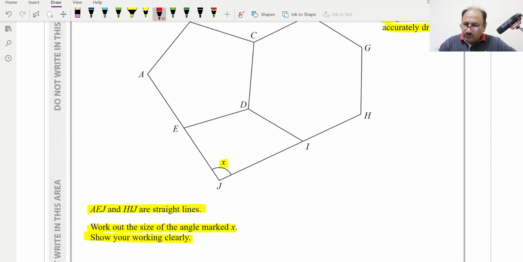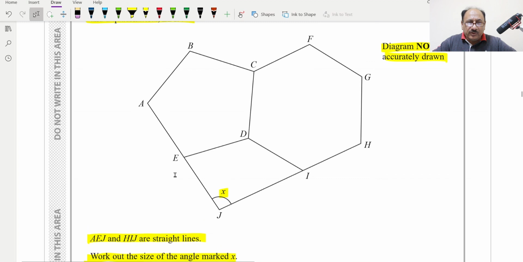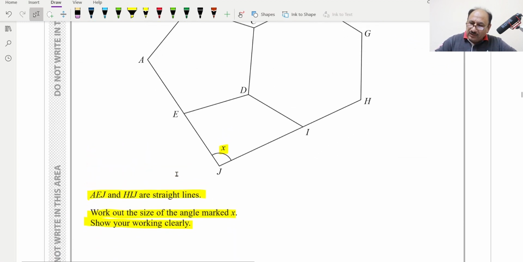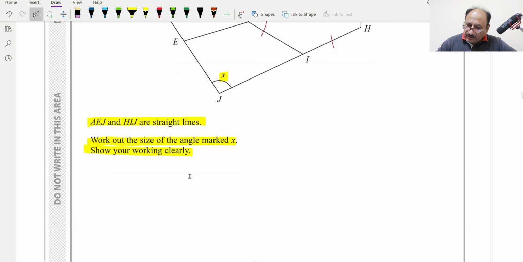So what we will do, we will check the exterior angles. You know, exterior angles of a polygon add up to 360 degrees. This hexagon has 1 2 3 4 5 6 sides. So we will check the exterior angle, which is 360 divided by 6, equal to 60.